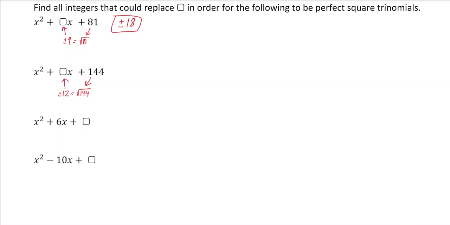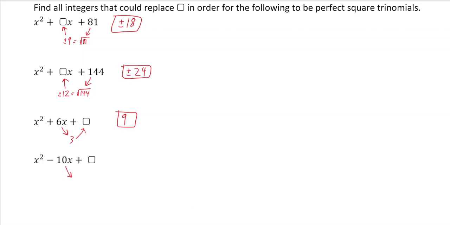So when we double it, that means we're going to get plus or minus 24. Okay, looking the other way, if we take 6 and divide by 2, we get 3. We square that and we get 9, and that's our final answer.